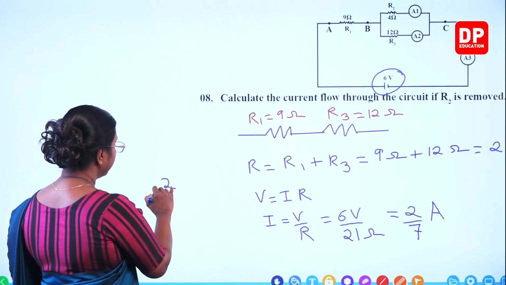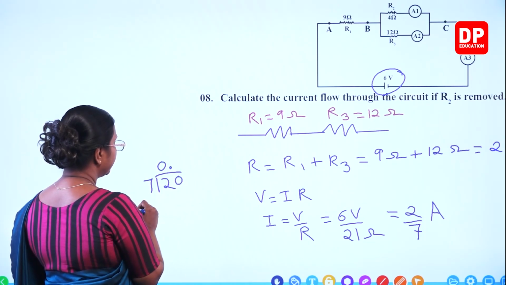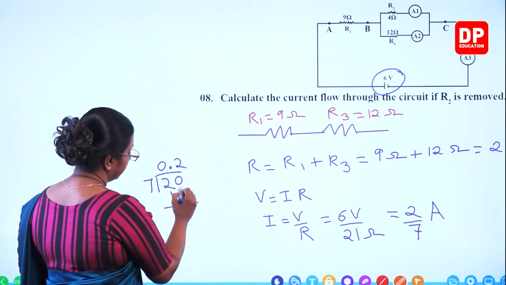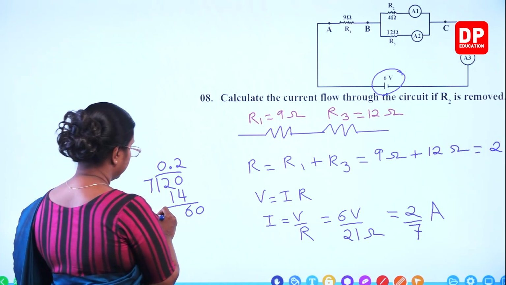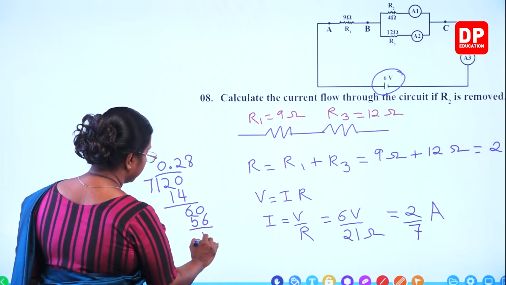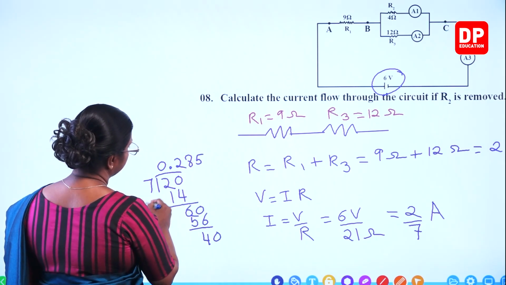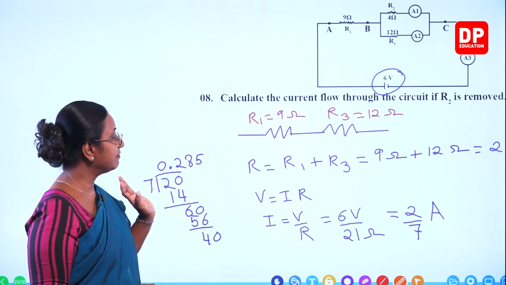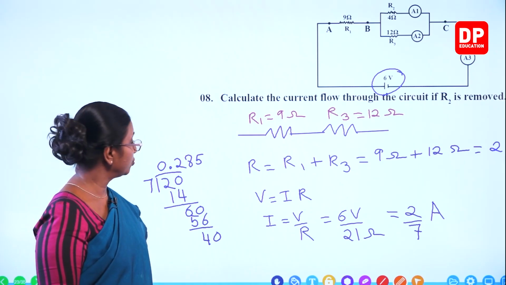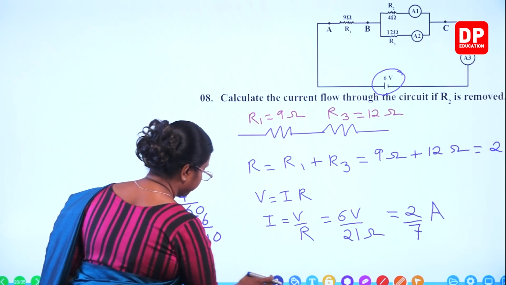Here if we divide 2 by 7, we get 0.285. You can round off the value, either write it as 0.285 or write it as 0.3 amperes.